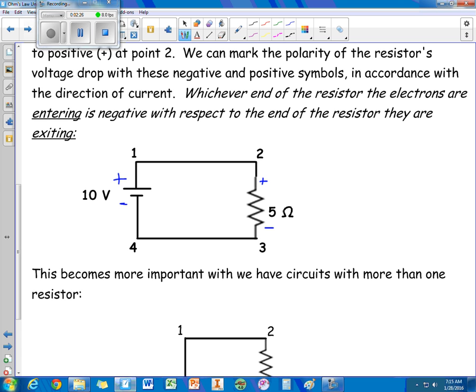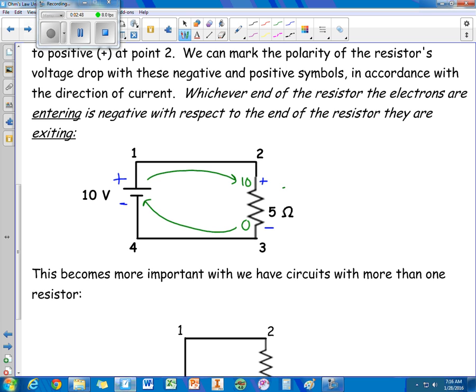So what we can see then is that, this isn't a very good way of considering it, but I can kind of consider the voltage traveling this way. On this side, I have 10 volts, starting at this side of the resistor, and on this side, I would have 0 volts.